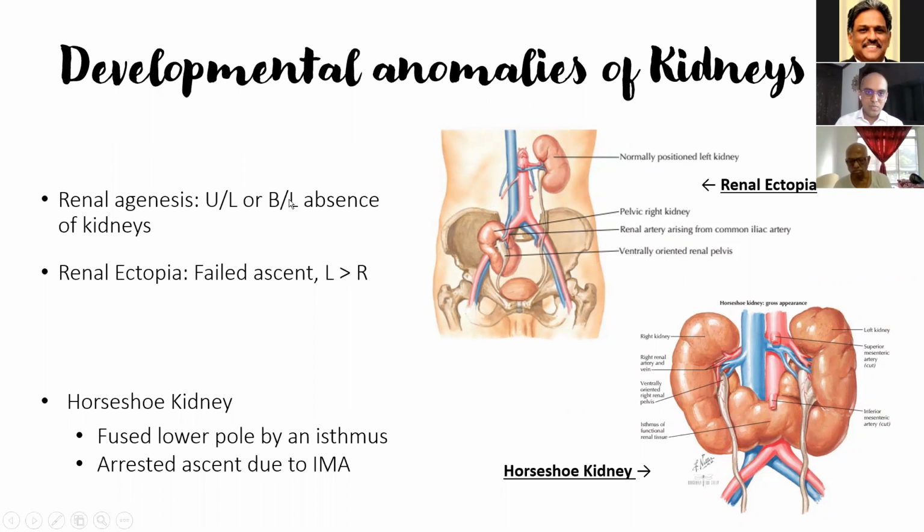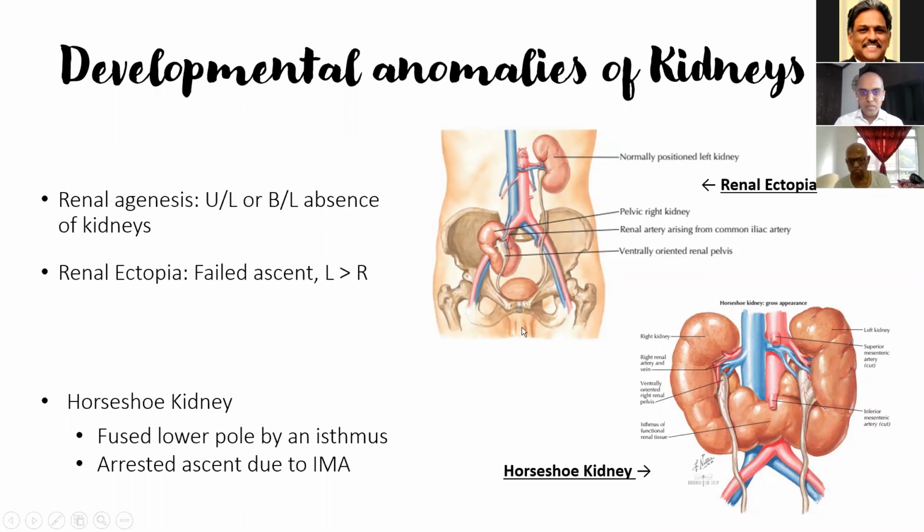The embryo has Potter's facies and eventually succumbs to the absence of kidneys. With unilateral absence, the embryo develops and there is a live birth, and usually it is undetected unless it is incidentally found during later stages of life.